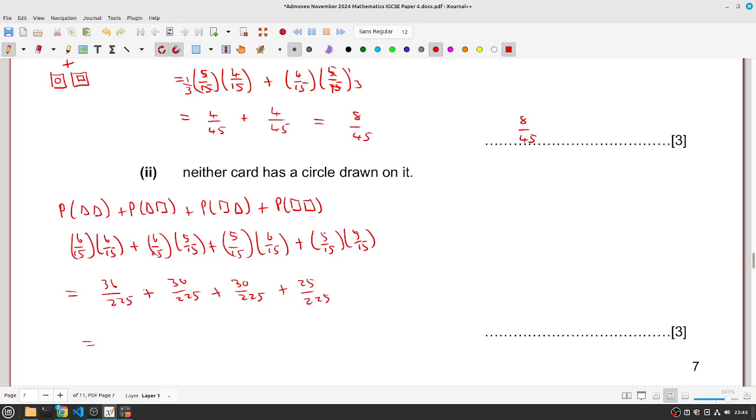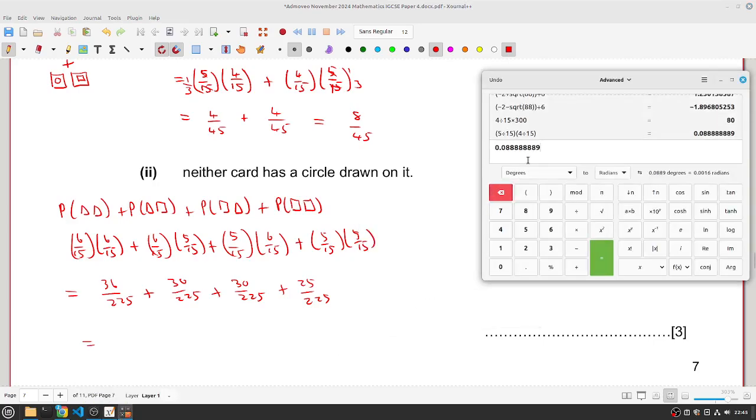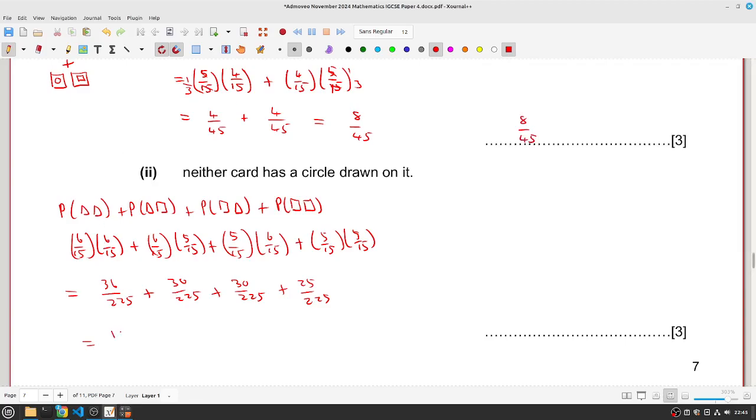Let's add all the top parts together. So 30 plus 30 is 60, plus 36 is 96, plus 25. What is 96 plus 25? 121. I think I'm just going to do this so I don't make a mistake. 36 plus 30 plus 30 plus 25. 121 indeed. So 121 over 225.